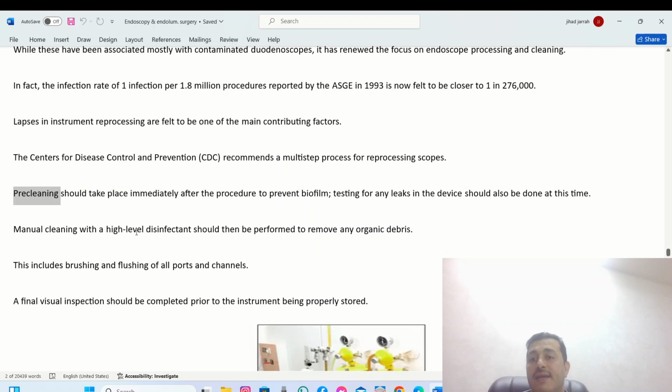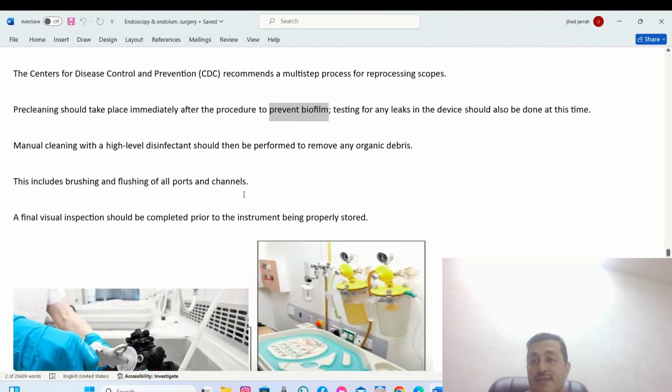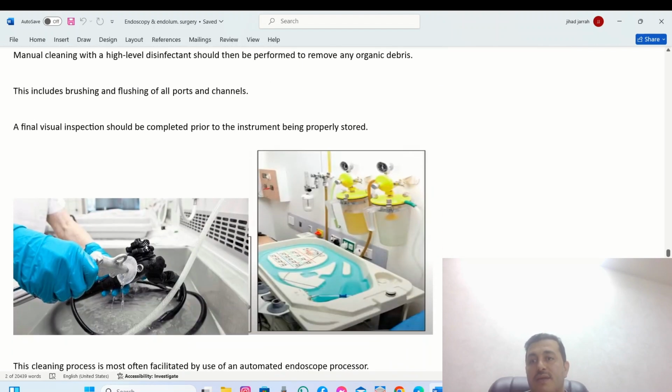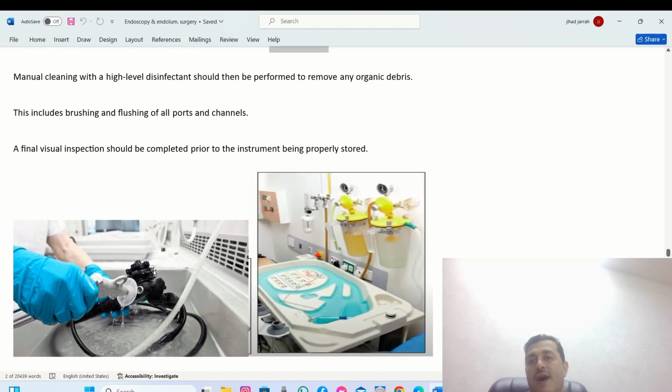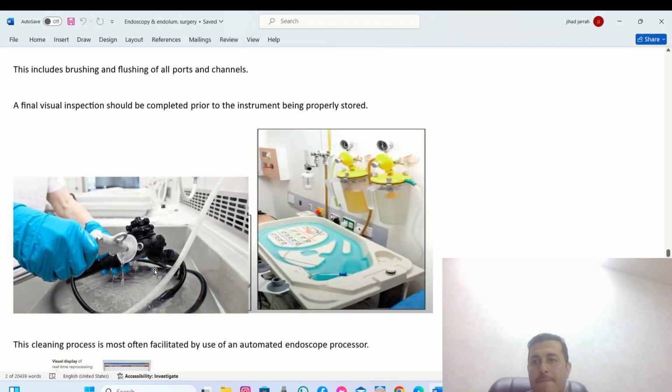Start with pre-cleaning of any gross contamination immediately after the procedure. This is to prevent the formation of biofilm, and to test if there is any leak in the device itself. Then manual cleaning, as you see here, with a high-level disinfectant. The final step is visual inspection, to confirm we have completed the processing before storage.